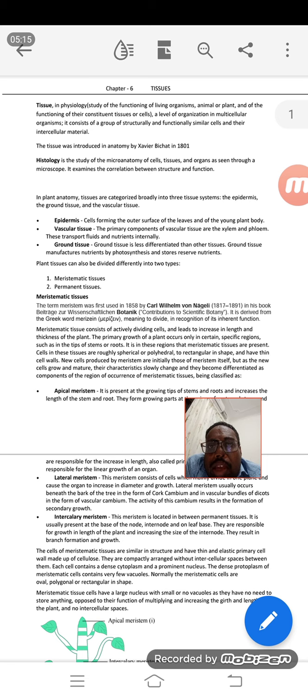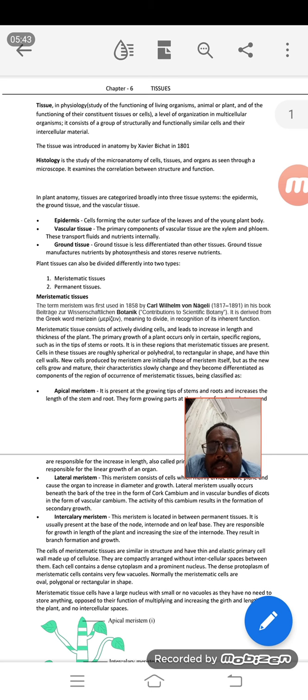Meristematic tissues have the capacity to regenerate into any part of a plant. Permanent tissues don't have the capacity for further divisions, so they are known as permanent. They will never divide further.